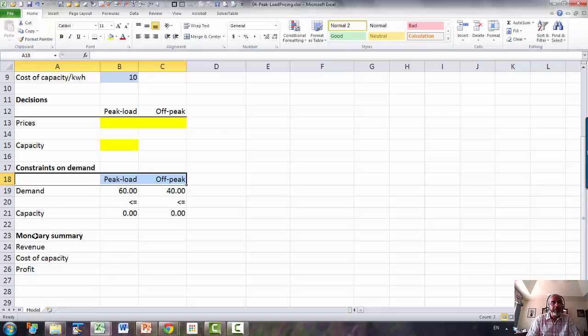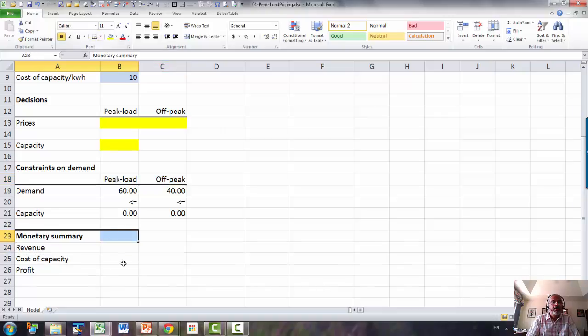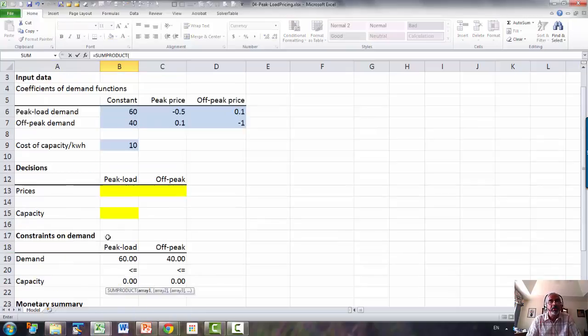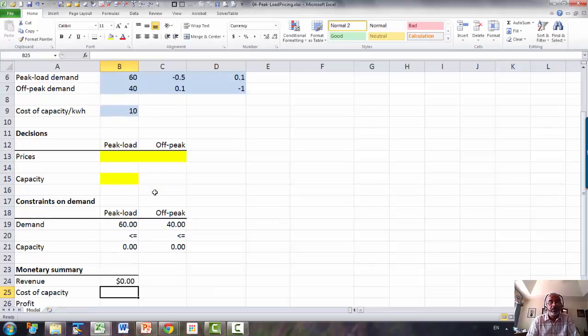Now monetary summary. What is the revenue? Revenue is the sum product of the demand with the price. Okay, let's give names.